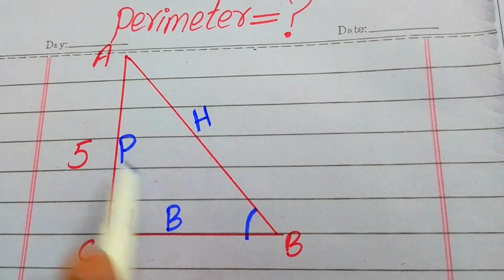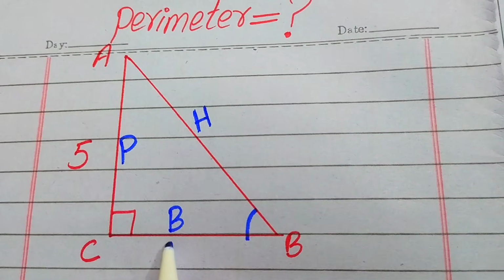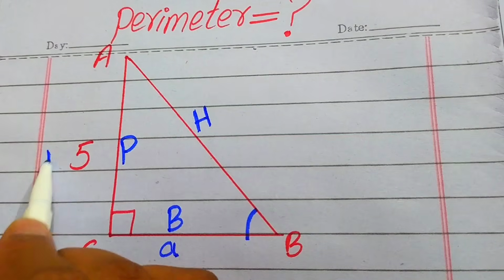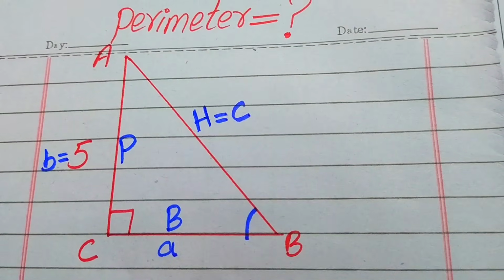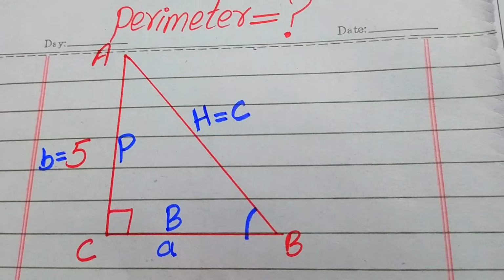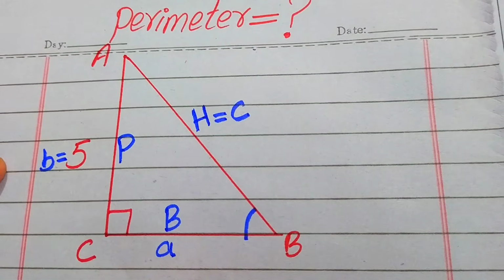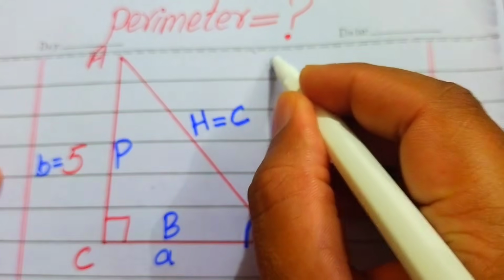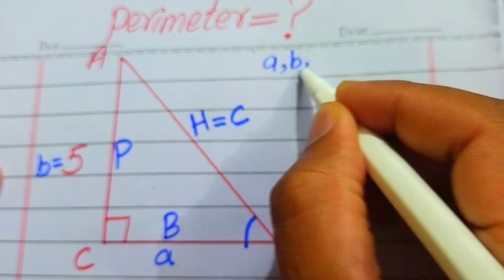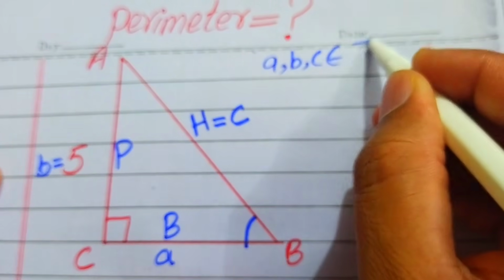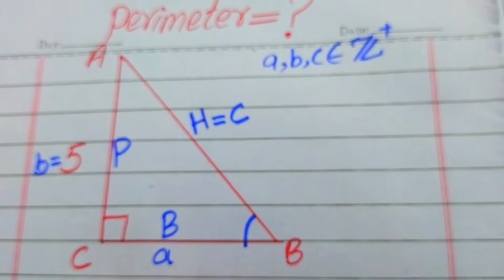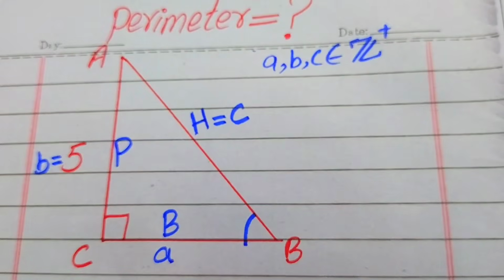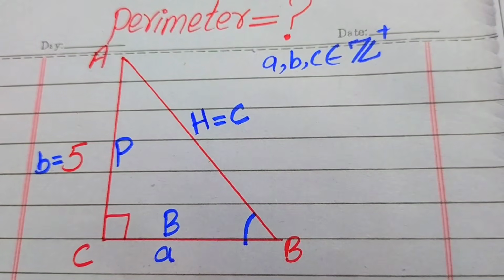Further, we denote these sides by small a, small b, and small c. Remember that the side lengths of these three sides must be positive integers. It means that we solve this problem only for positive integer values of a, b and c.